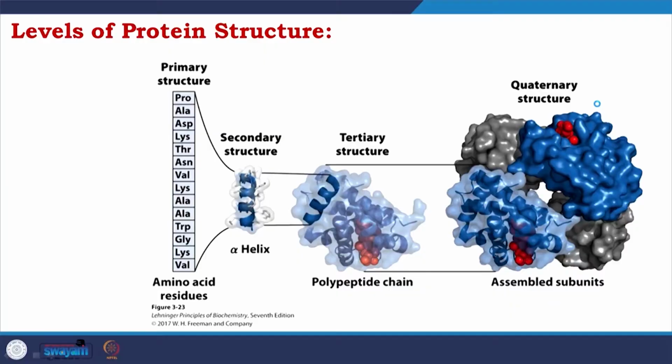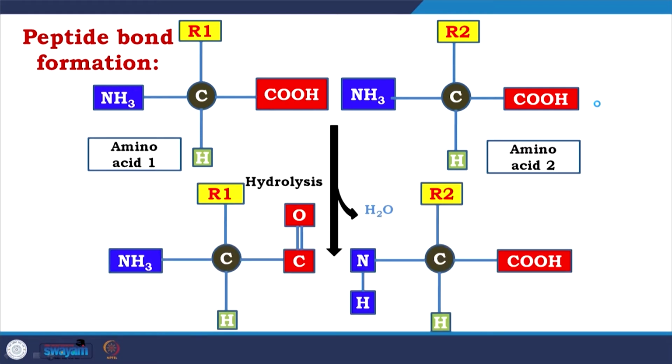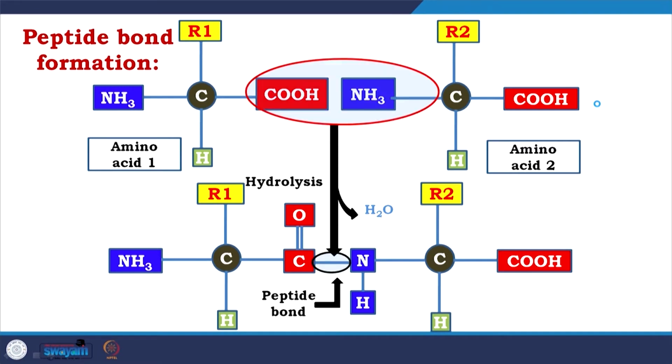We started talking about the levels of protein structure: primary structure, secondary structure, tertiary structure and quaternary structure. The primary structure comes through the formation of something called a peptide bond. We have amino acid 1, amino acid 2, then there is dehydration and formation of a peptide bond.